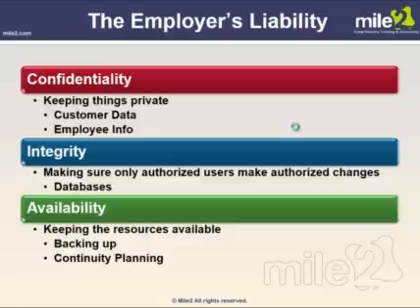RAID comes into play, your redundant array of inexpensive or independent disks, depending on what book you've read. So remember that the CIA stands for confidentiality, integrity, and availability, and how we can provide those.